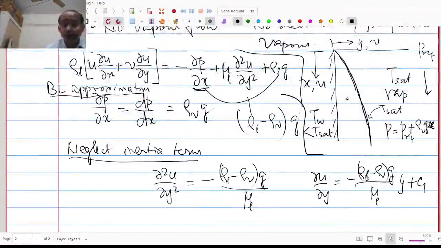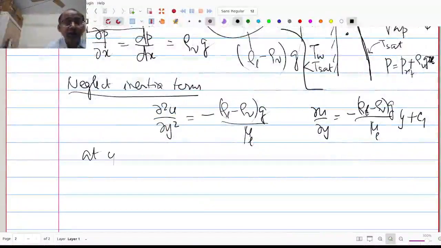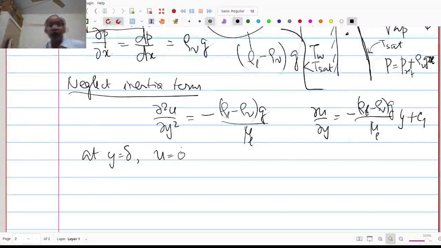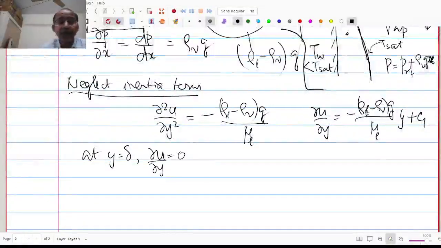Now we know that at y is equal to delta, del u by del y is equal to 0. That's the edge of the boundary layer, and we also know that u is equal to 0 at y equal to 0.